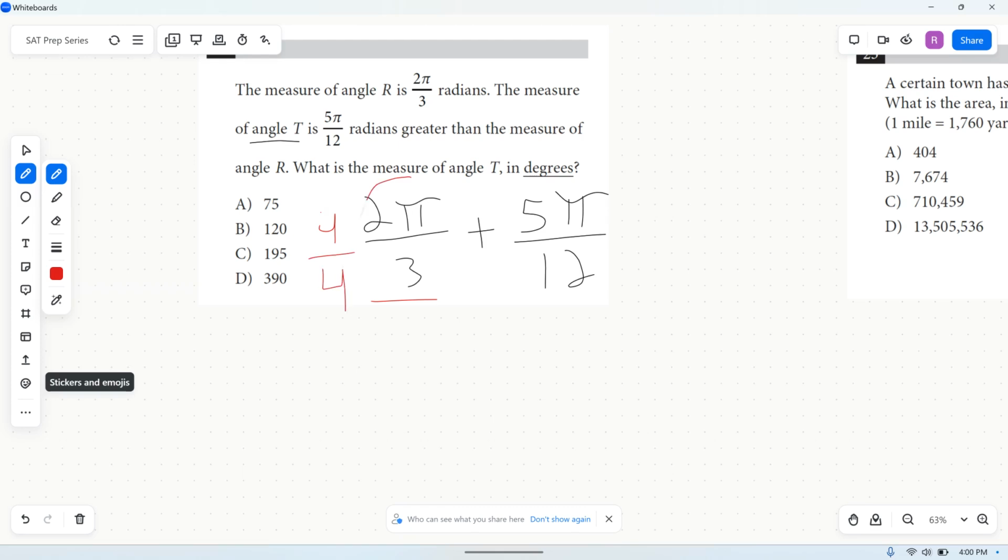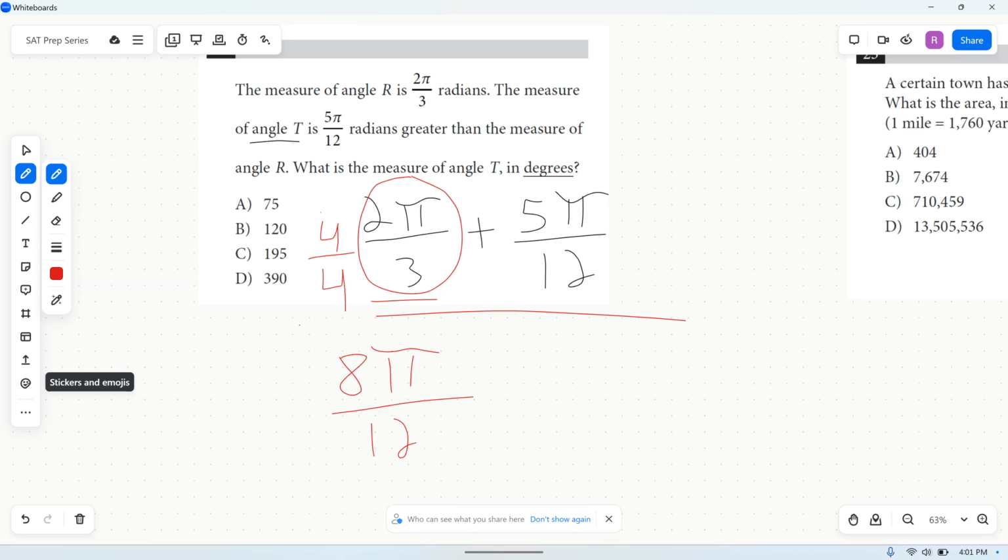Remember, I am not changing this fraction when I multiply by 4 over 4, because 4 divided by 4 is just 1. And if you multiply any number by 1, it will remain unchanged. So I'm going to change how this fraction looks, but I'm not changing its value. So 4 times 2 pi is going to give me 8 pi over 4 times 3 is 12.